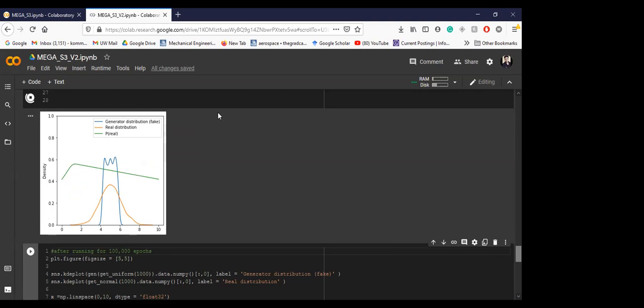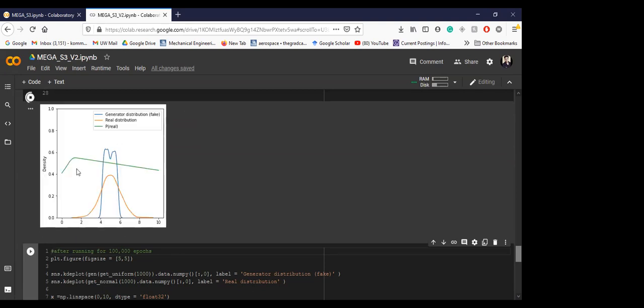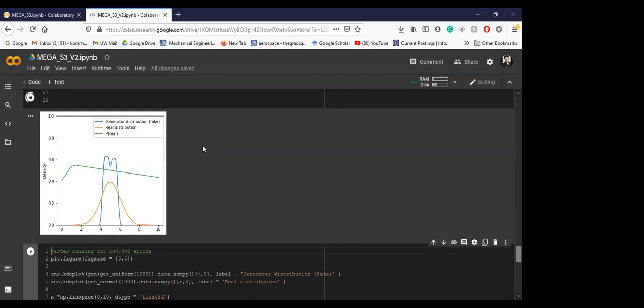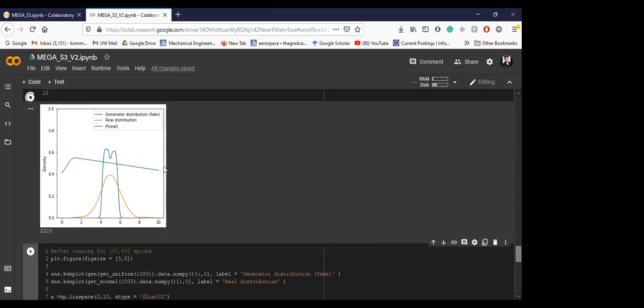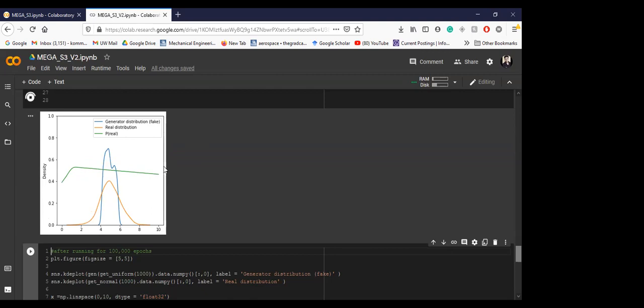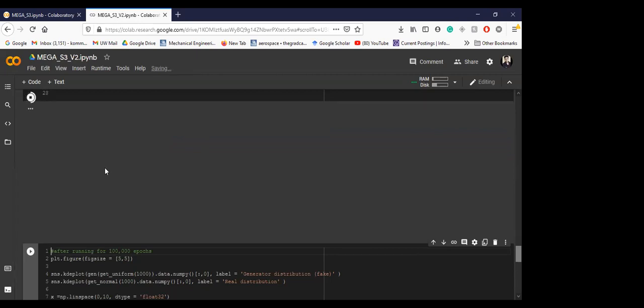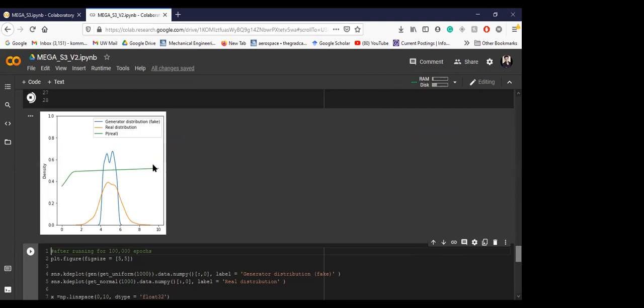So if we are looking at the P real value, which is seen in green, we want this line to be as close to 0.5 as possible, since that is the Nash equilibrium for this problem. As we can see, it is more and more becoming close to 0.5, which means the discriminator is essentially not able to distinguish that something is real or fake.